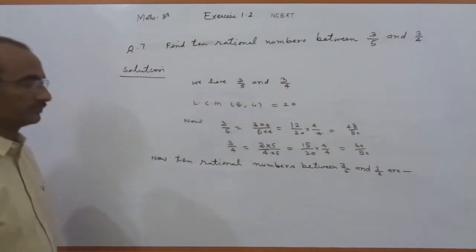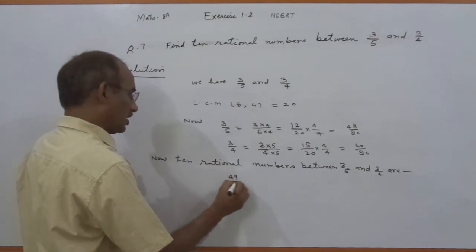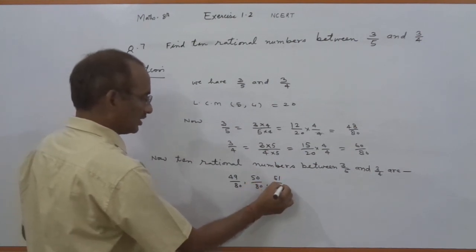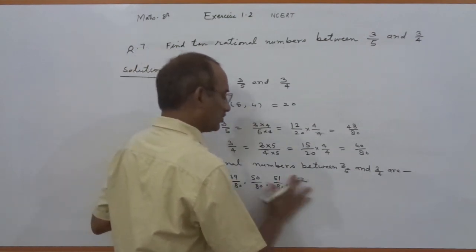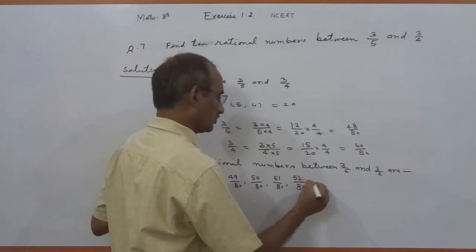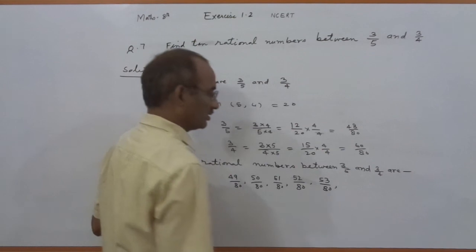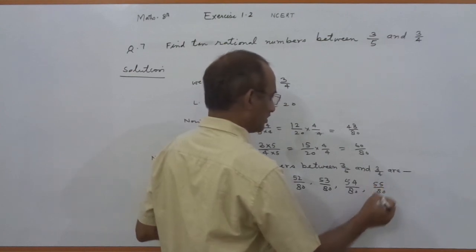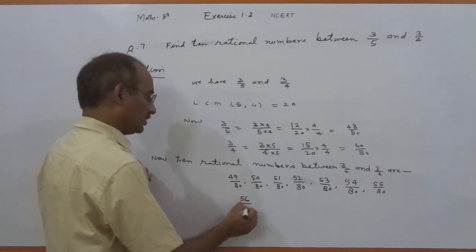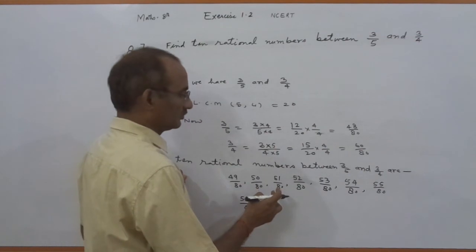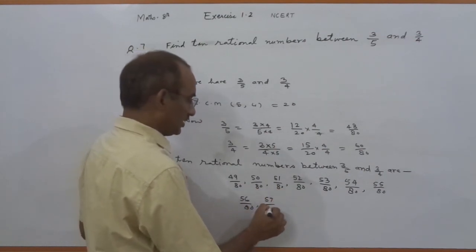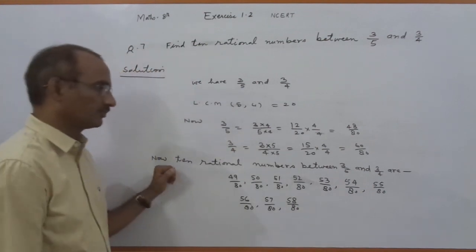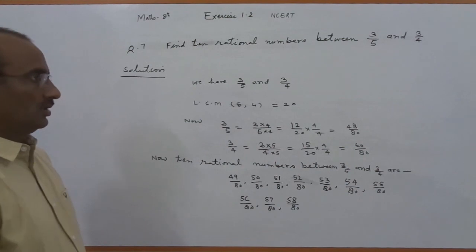They are 49 upon 80, 50 upon 80, 51 upon 80, 52 upon 80, 53 upon 80, 54 upon 80, 55 upon 80, 56 upon 80, 57 upon 80 and 58 upon 80. So this is our answer.